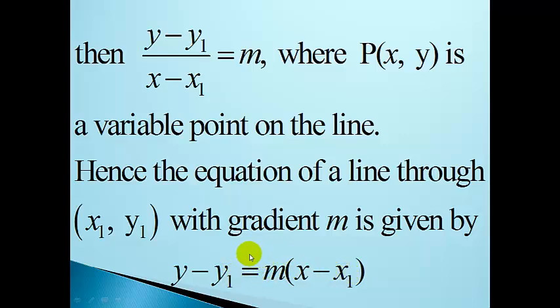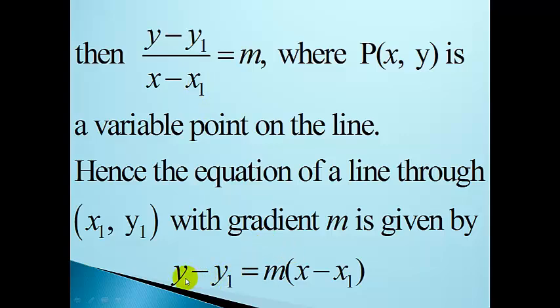So don't forget, this is the formula we are going to use in finding the equation of a line when you are given the point and the gradient: y minus y1 equals m into bracket x minus x1. That is from y minus y1 divided by x minus x1. When you cross multiply, you have y minus y1 is equal to m times x minus x1.